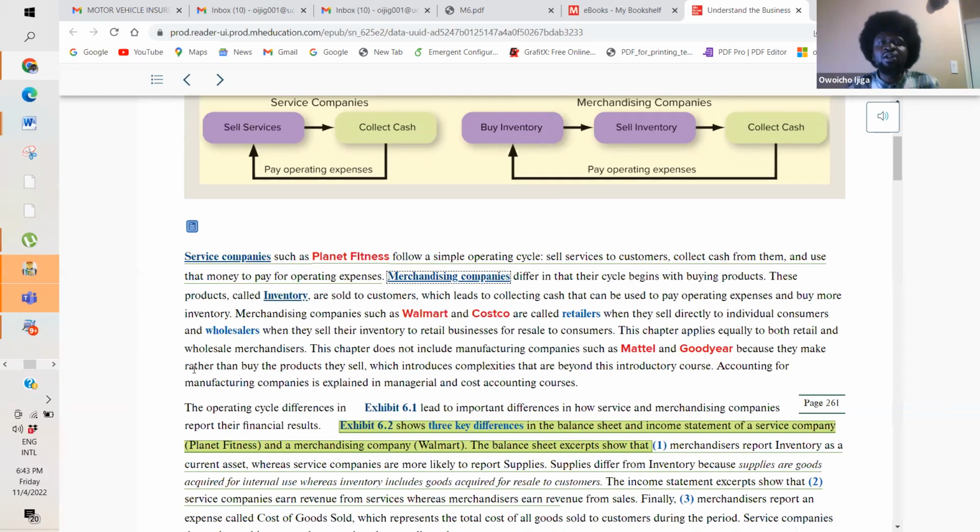There is still another term that I want you all to understand, which is the retailers and the wholesalers.